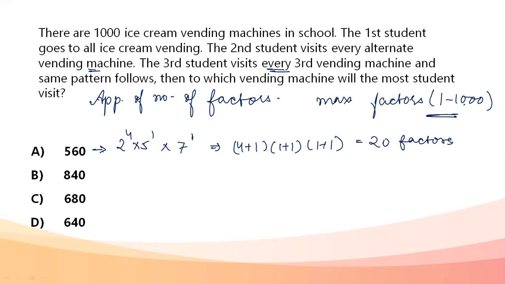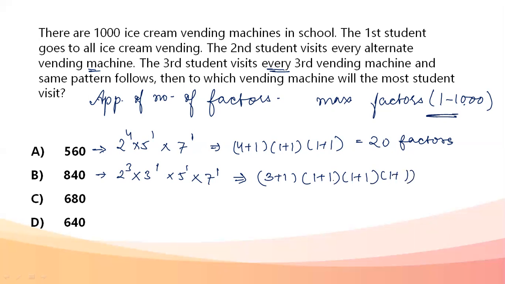So number of factors of 560 is 20 only. 840, if we do, 840 is 2 cube into 3 power 1 into 5 power 1 into 7 power 1. Finding out number of factors becomes 3 plus 1 into 1 plus 1 into 1 plus 1 into 1 plus 1. That is 4 into 2 into 2 into 2 becomes 32 factors.